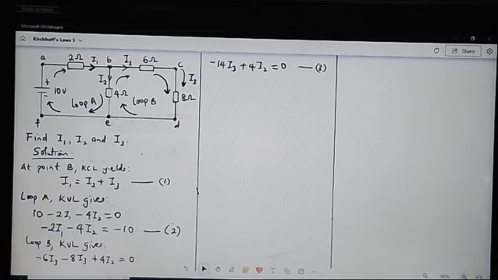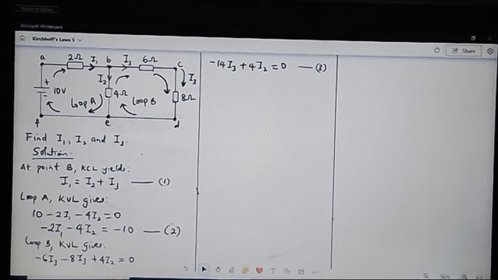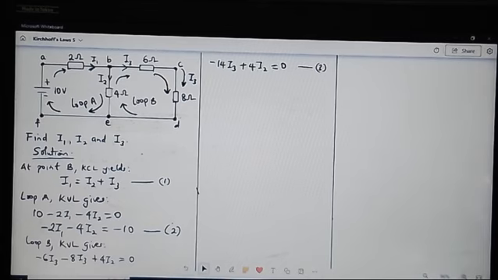Looking at equation 1, we see that I1 is equal to I2 plus I3. What will be I3 from equation 1?